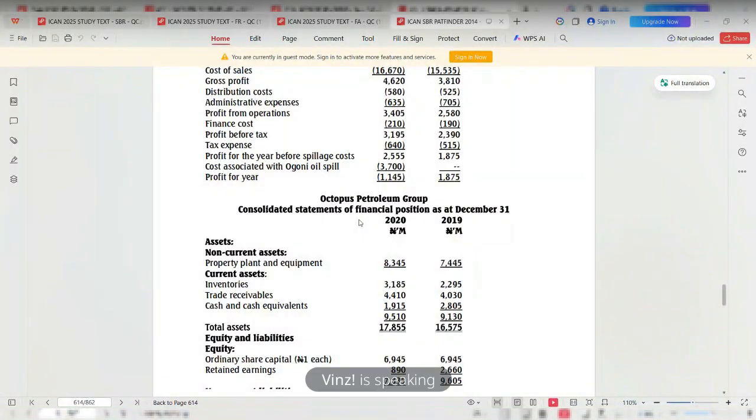There's no preference dividend or non-controlling interest. Okay, it's just profit after tax. Okay, thank you.